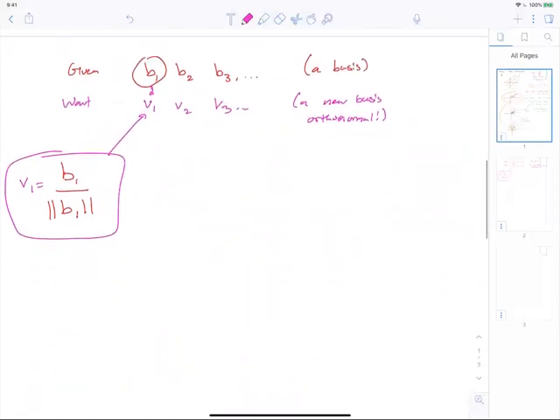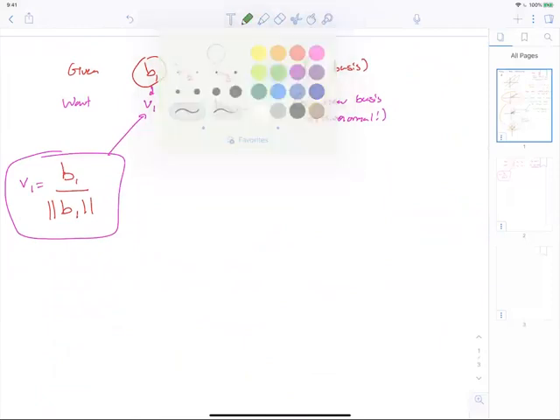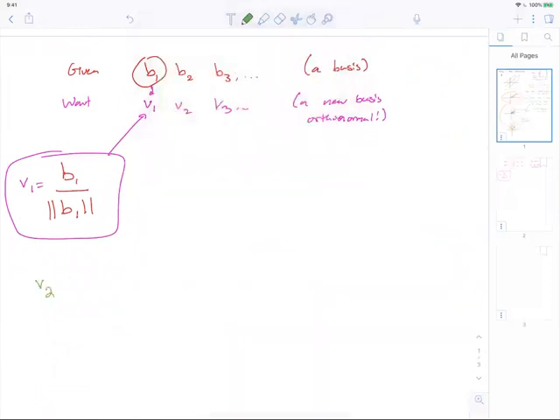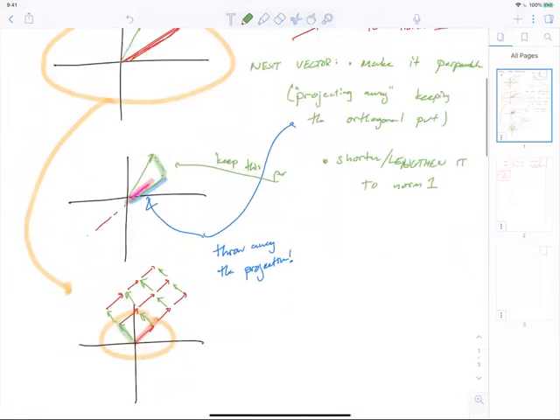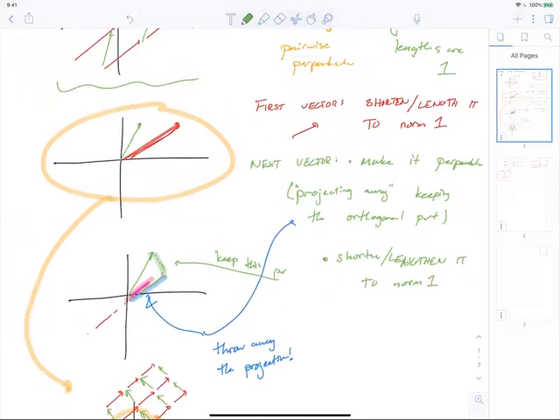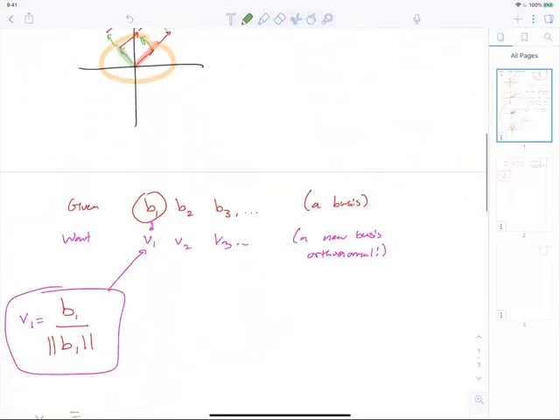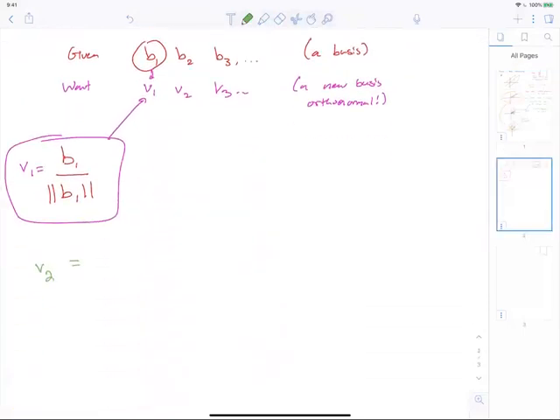And then what do we do for the next one? What do we get for V2? Well, the first thing that we did was we subtracted out the projection. So we're now going to take this second one and subtract out the projection of it onto the previous one.